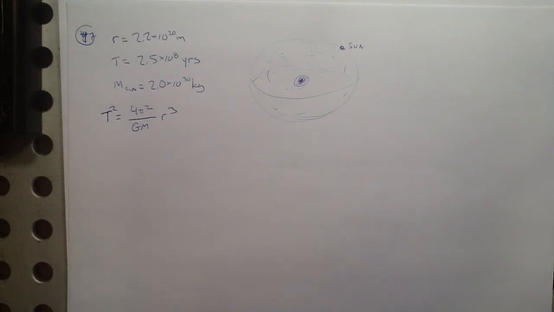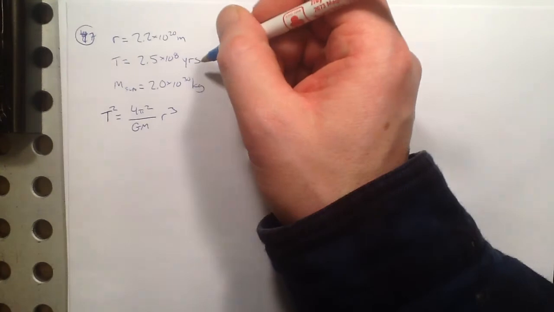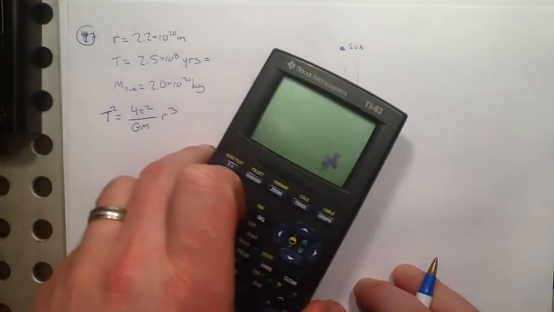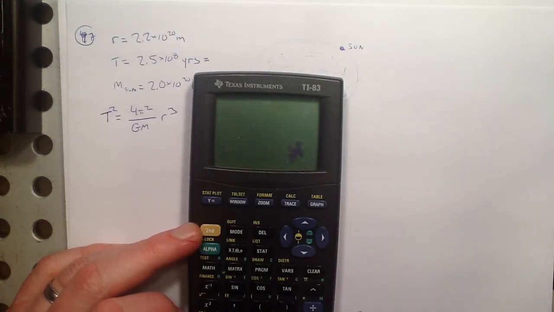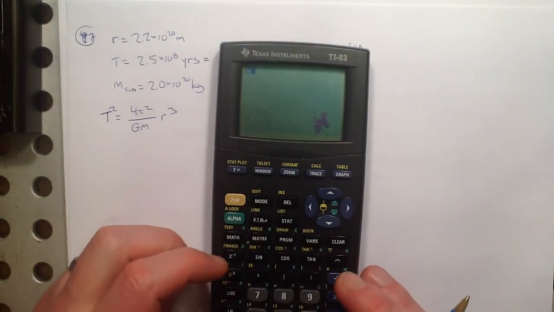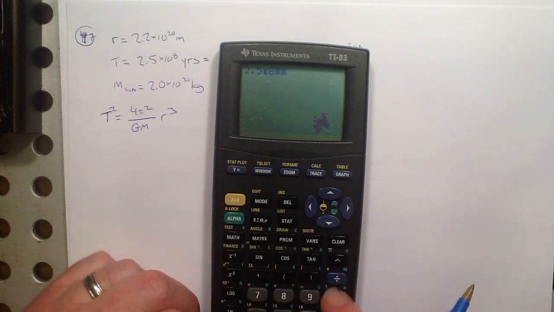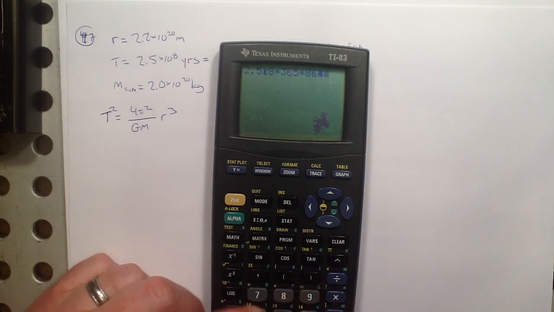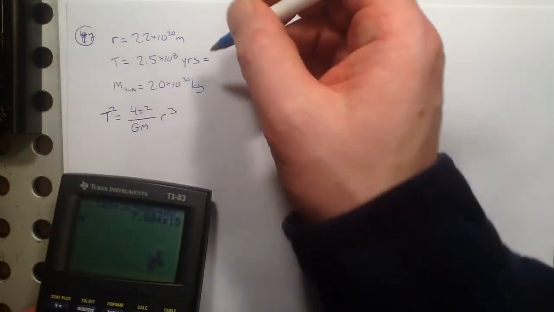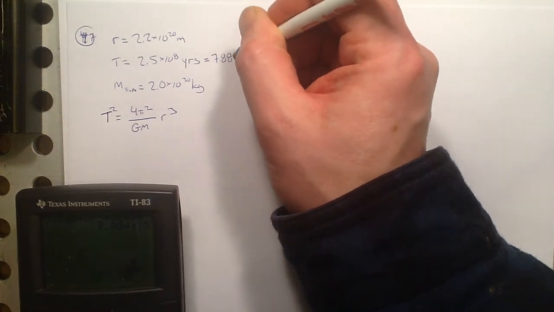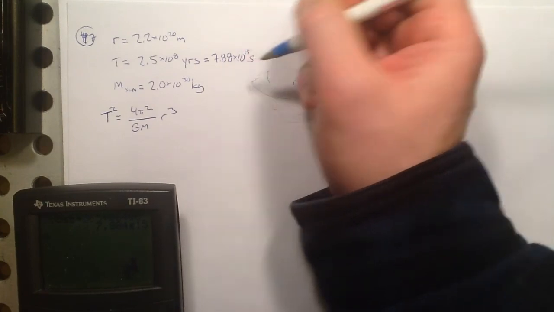And let's see what we need to do now. I guess I need to change this into seconds. So that's 2.5 times 10 to the 8th years times 365 days times, I happen to remember that there's 86,400 seconds in a day, so that gives me about 7.88 times 10 to the 15th seconds.